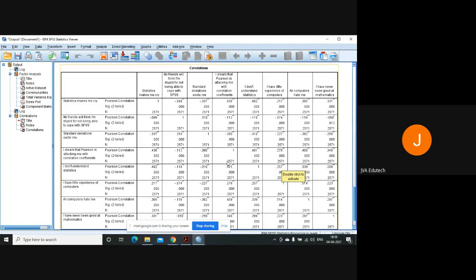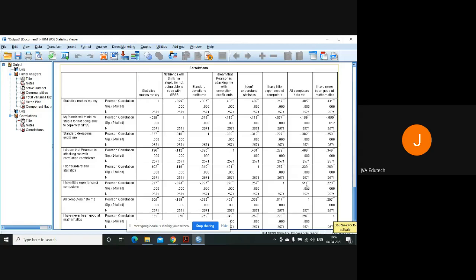Means if there is a high variability in the correlations, you can say that it is a good fit for doing the principal component analysis. You can see that you have R values ranging from minus 0.337 to, in some cases, up to 0.5.